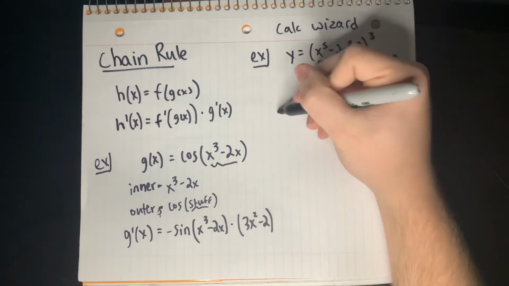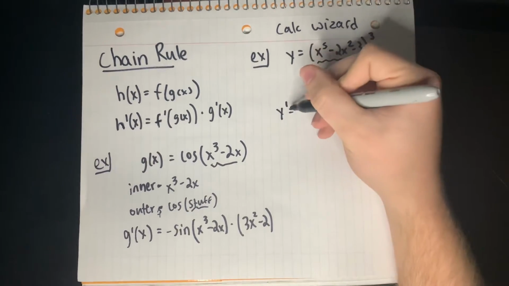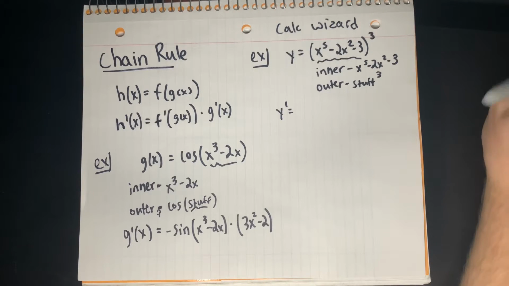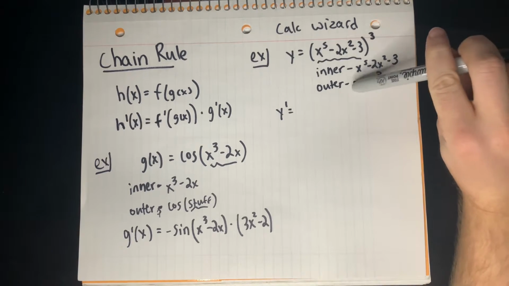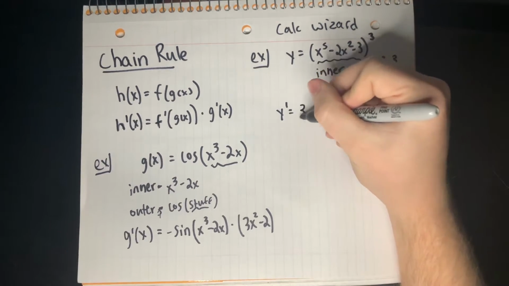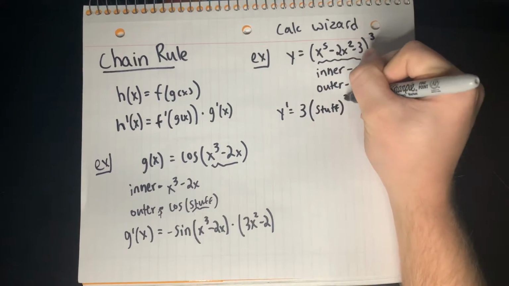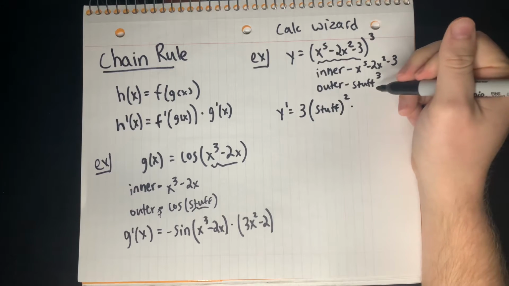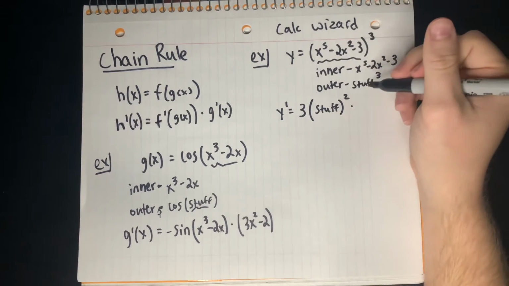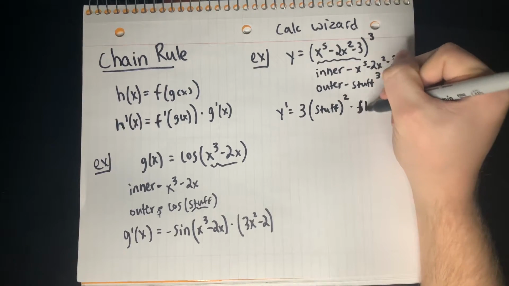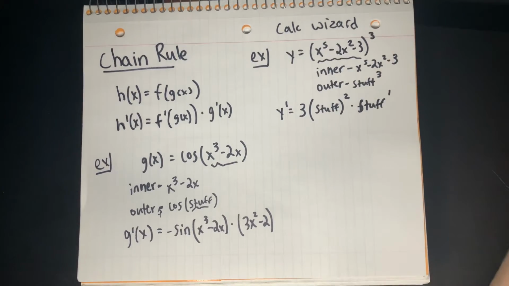So if we want to get y prime, we're first going to have to take the derivative of our outer stuff. Okay, so that's going to be 3 times our stuff inside, squared, times the derivative of our inner stuff.